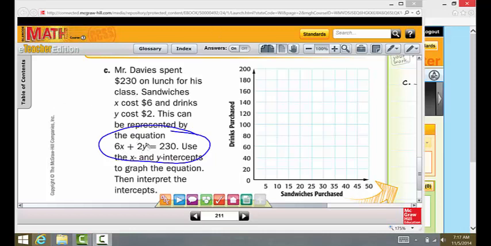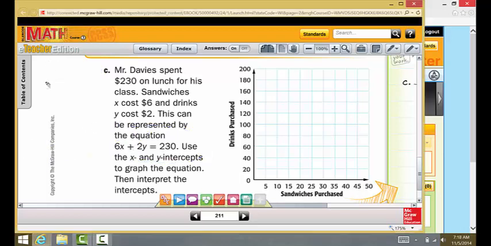So if we put 0 in for y, we will end up with the equation 6x equals 230. If we put 0 in for x, we will end up with the equation 2y equals 230. So we have 6x equals 230, and down here we have 2y equals 230.